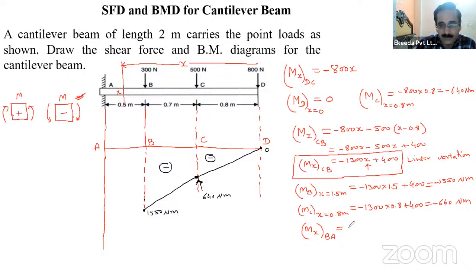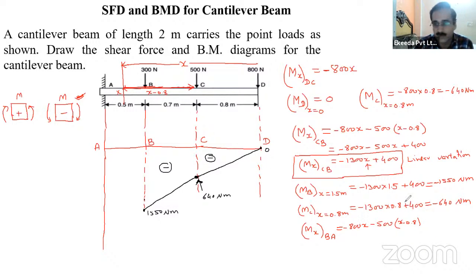So the moment of 800 into x, moment of 500, that is 500 multiplied by x minus 0.8, right? This distance is the moment arm of 500. So this distance is x minus 0.8. 0.8 is removed here, right?